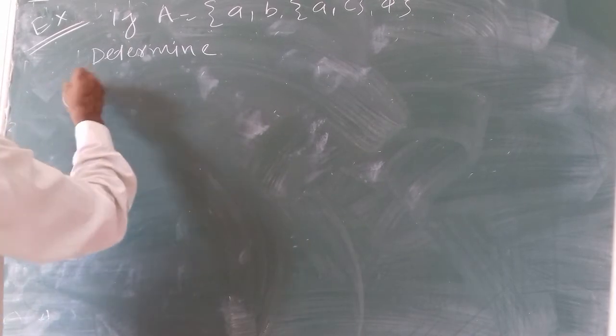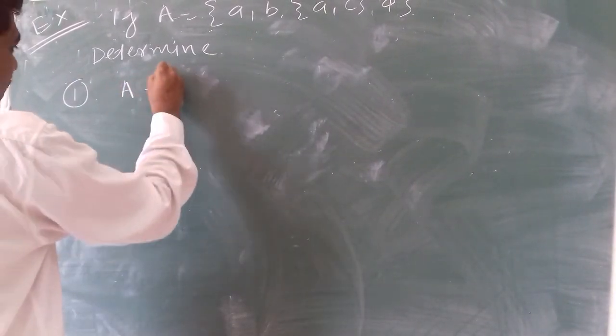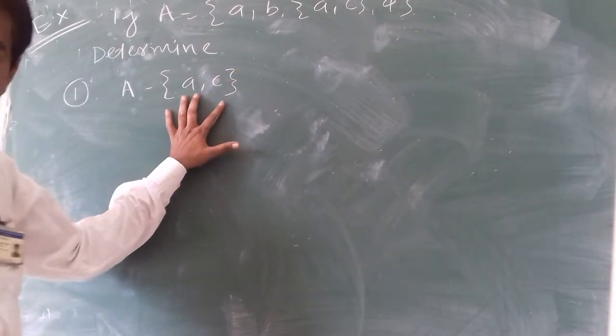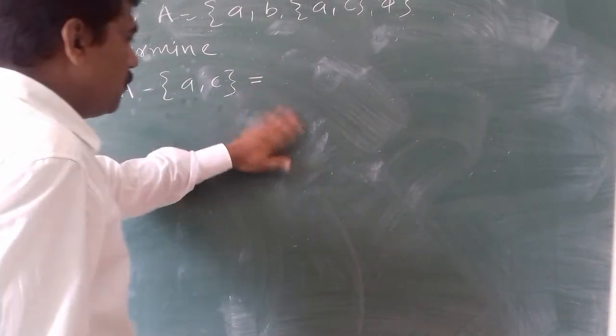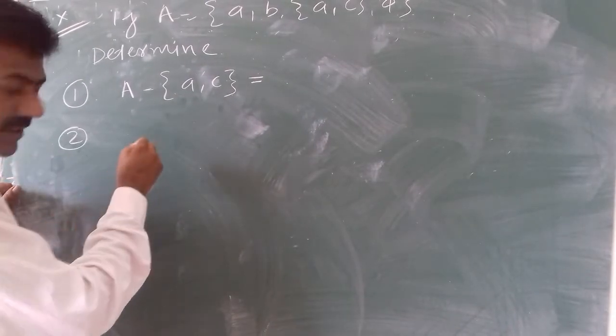Determine the following. So the first one is capital A minus the set A comma C. This is the difference operation. This equals what? I will write first, then we will calculate this.